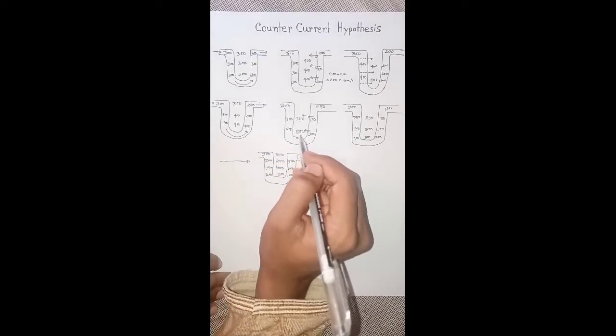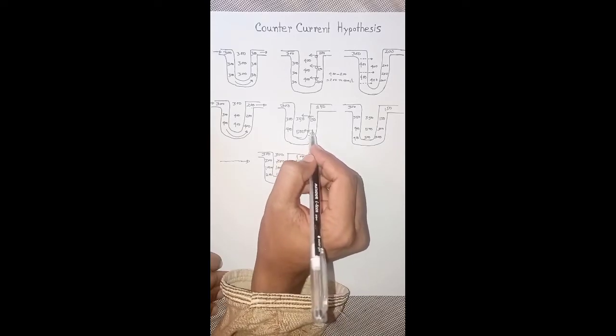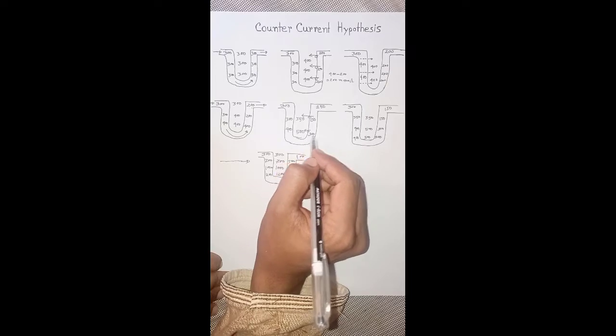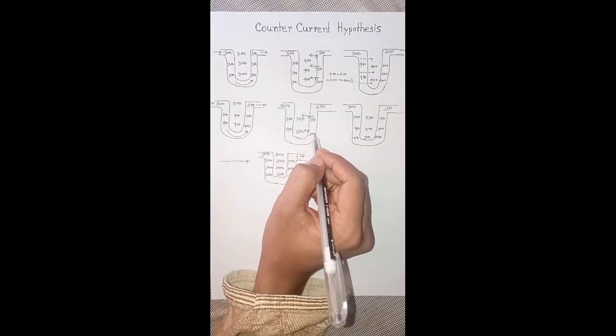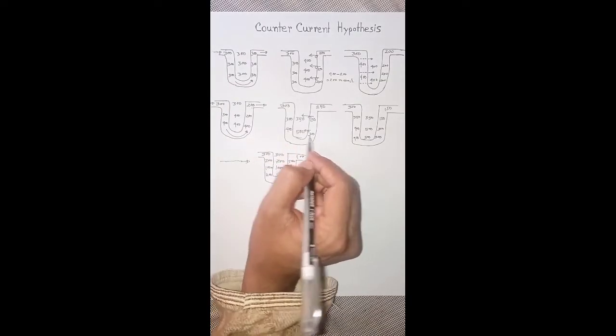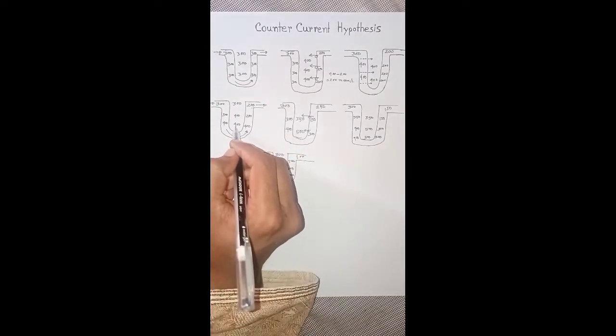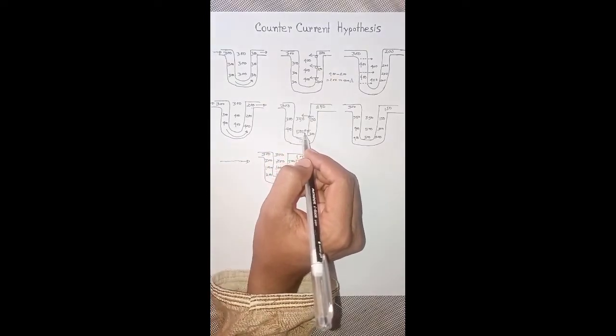Then occurs the fifth step. In the fifth step, the active sodium pump occurs again, and the fluid of the ascending loop of Henle reaches 300 milliosmol per liter from 400 milliosmol per liter, and the medullary interstitium osmotic concentration becomes 500 from 400 milliosmol per liter.